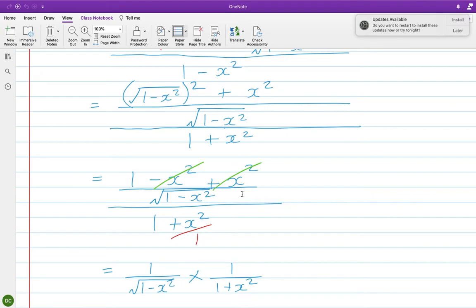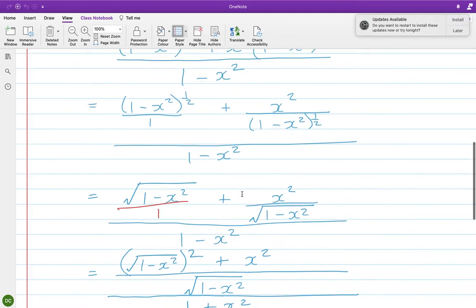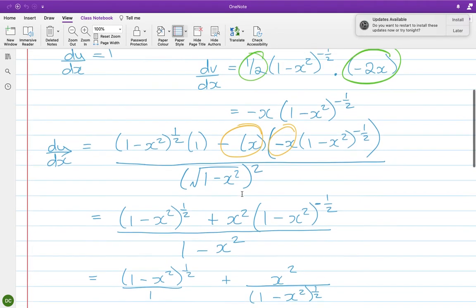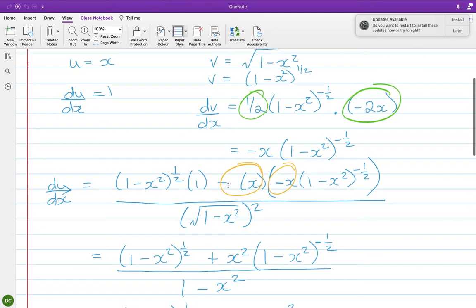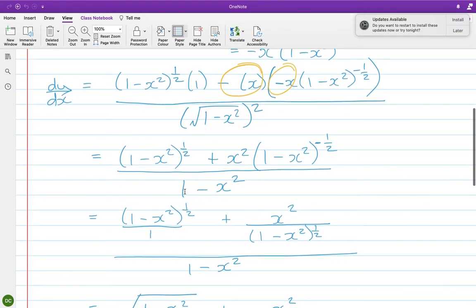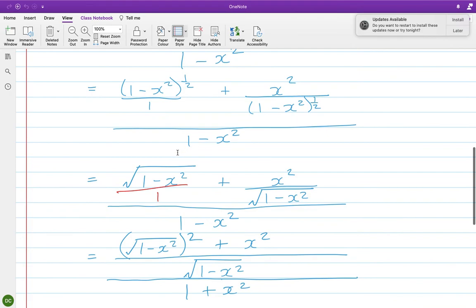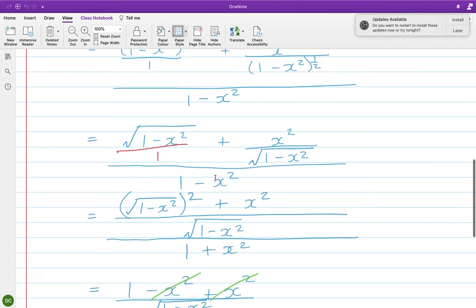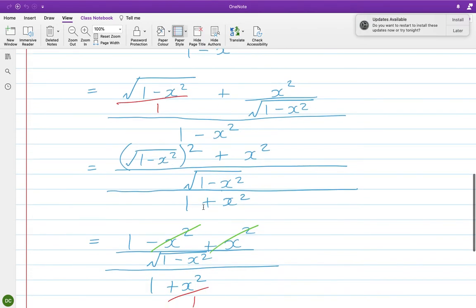Did I change the bottom? I actually did that. Okay, so the bottom line was v squared, and v was 1 minus x squared. Here's the bottom line again, the denominator 1 minus x squared. Here's the denominator 1 minus x squared. Here's the denominator 1 minus x squared. And then for some reason here I changed it.